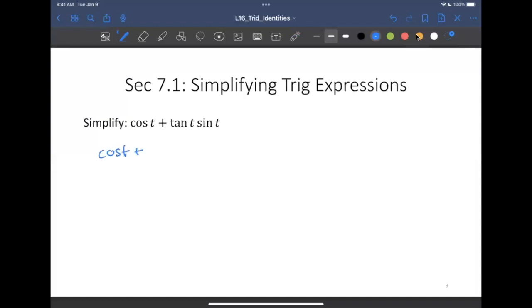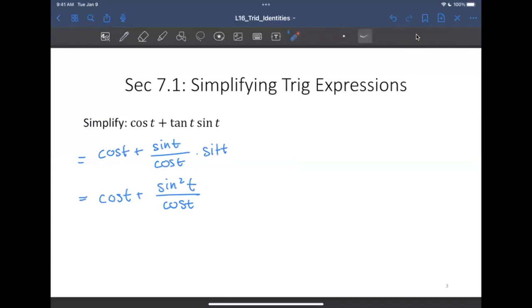But I know tan of t is equal to sine of t over cosine of t. Then the sine of t can't be simplified. Notice that that gives me cosine of t plus sine squared of t over cosine of t.